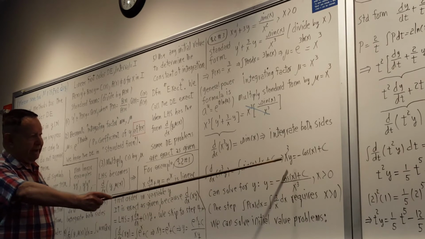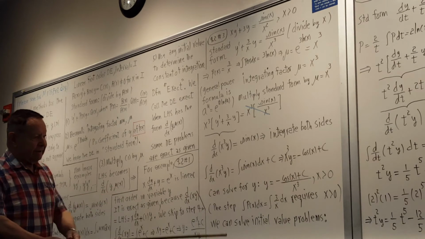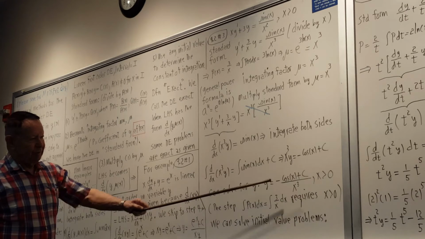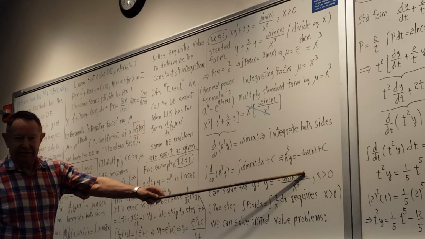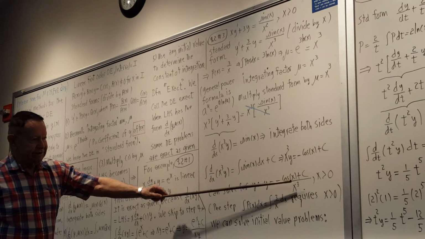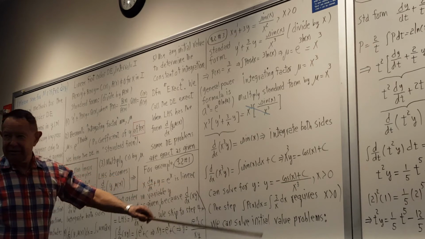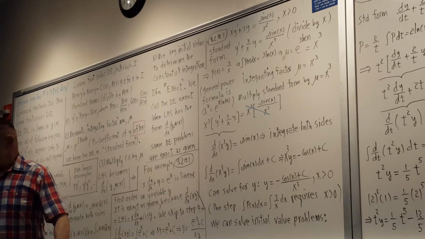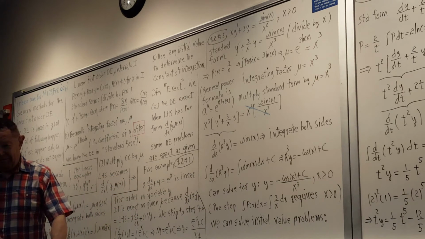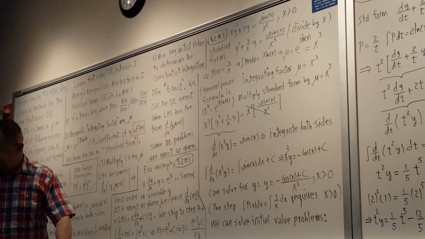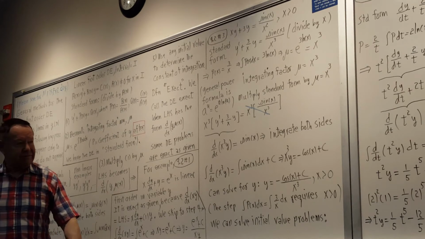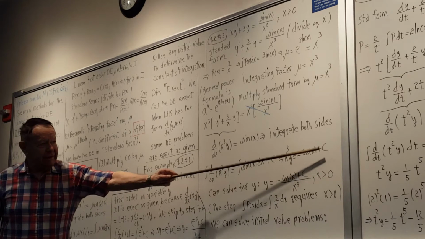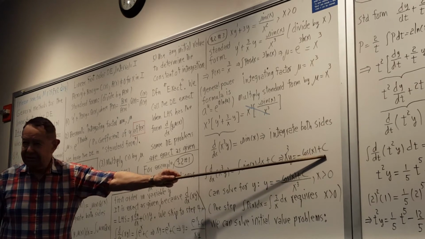Now, if you had an initial value, you'd use that at this point to get a specific value for c. This, you see, gives you a family of integral curves. If you were here yesterday, you remember we had the maple handout and the idea of the integral curves. So there's an integral curve for each choice of c.